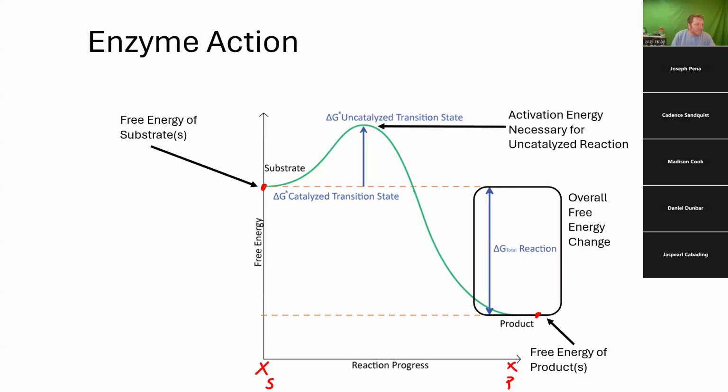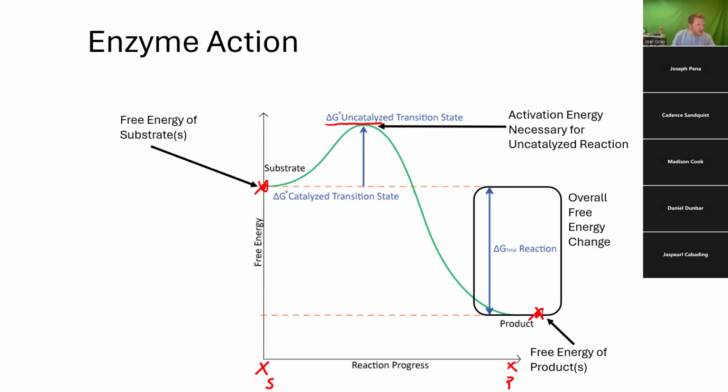Now, how do we get from here to here? Well, you have to go through what's known as a transition state. Your reactants have to be positioned and contorted to undergo these sorts of changes.